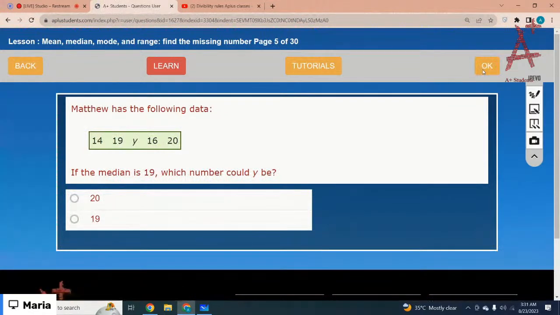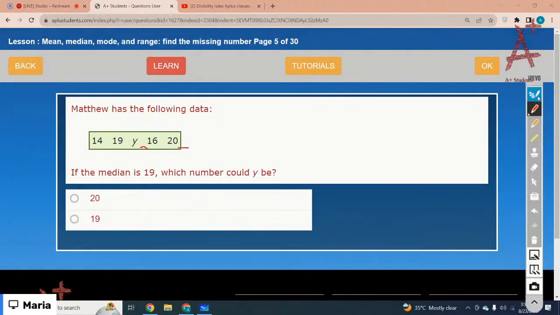Matthew has the following data. If the median is 19, what could Y be? Median is 19, right? That means the middle one must be 19. You have two numbers here, two here. Here you already have 20, and smaller than 19 is 14 and 16. 14 and 16 are smaller. That means 19, 20 and Y are greater. Y is greater than or equal to 19.